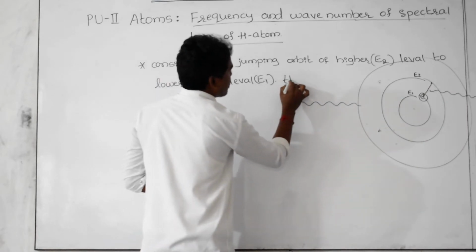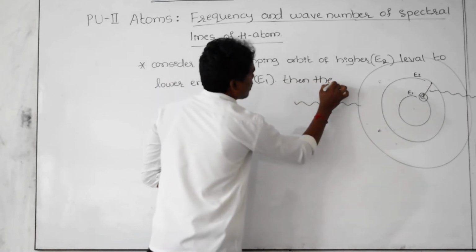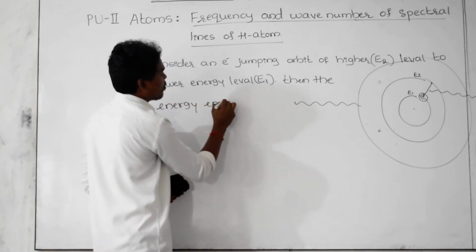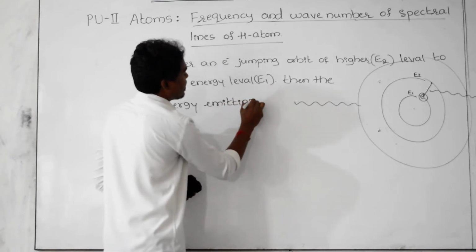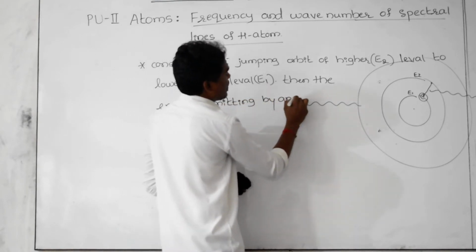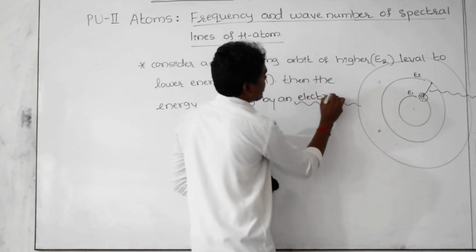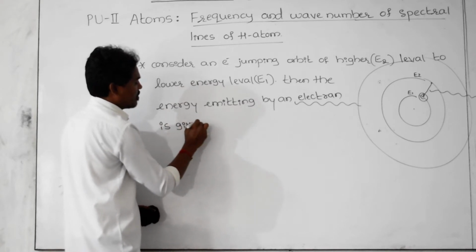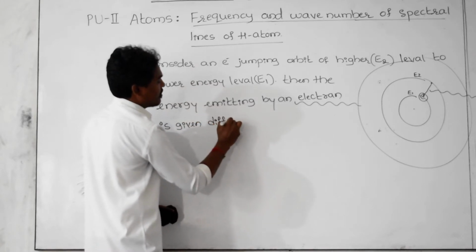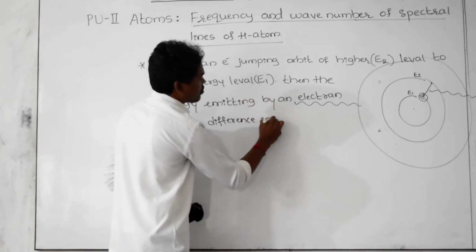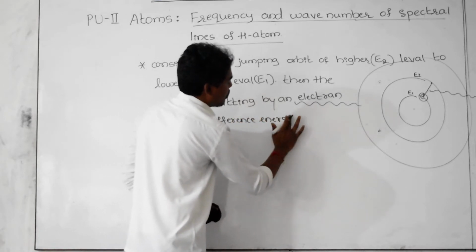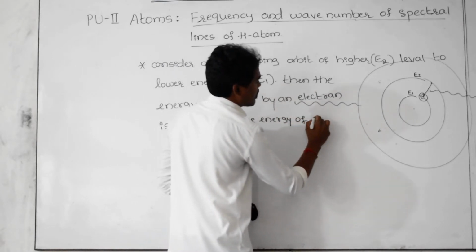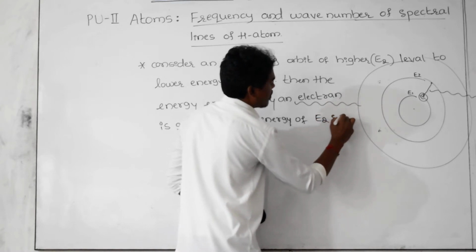Then the energy emitted by the electron is given by the difference in energy of E2 and E1.